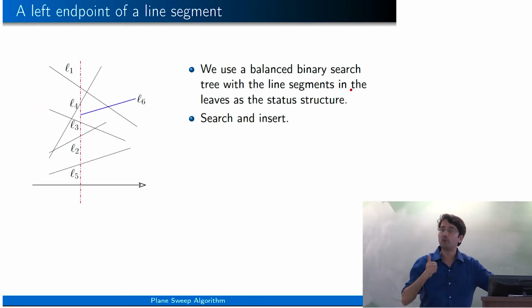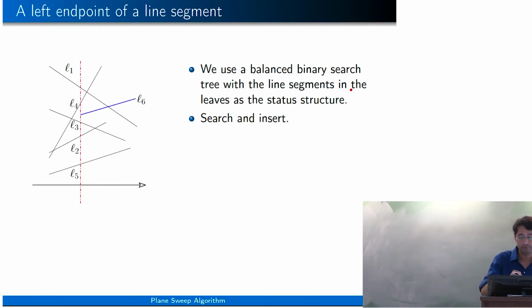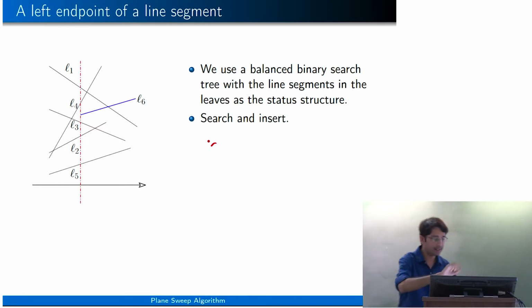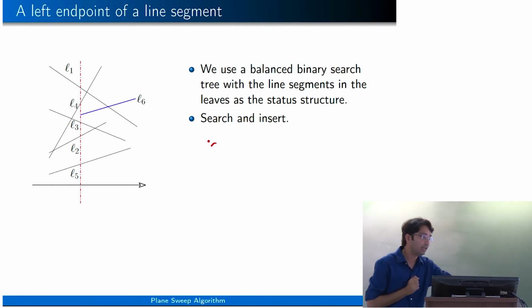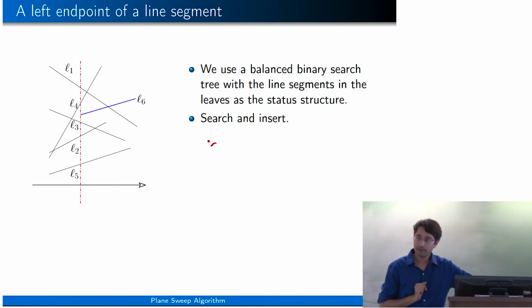So, let us see what we are doing. At a left endpoint, we are inserting a line segment in a sorted tree, a balanced binary search tree, in a particular place. For example, L6 will be inserted in between L4 and L3 in the figure.